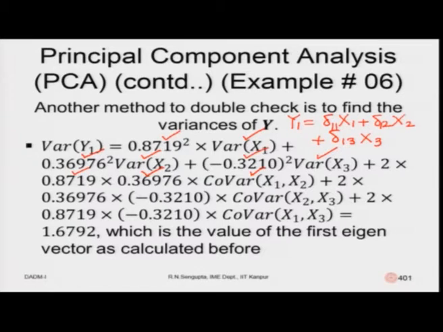Then when we go to covariance of 2 3, it will be multiplied by the corresponding values. Then we go to covariance of 1 3, it will again be multiplied by the corresponding value.